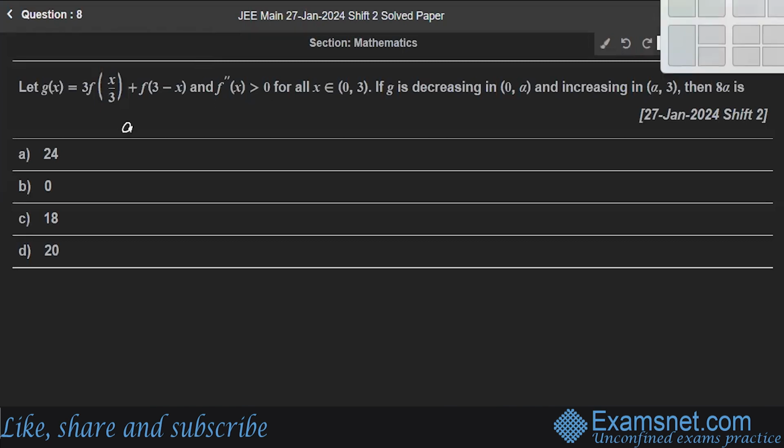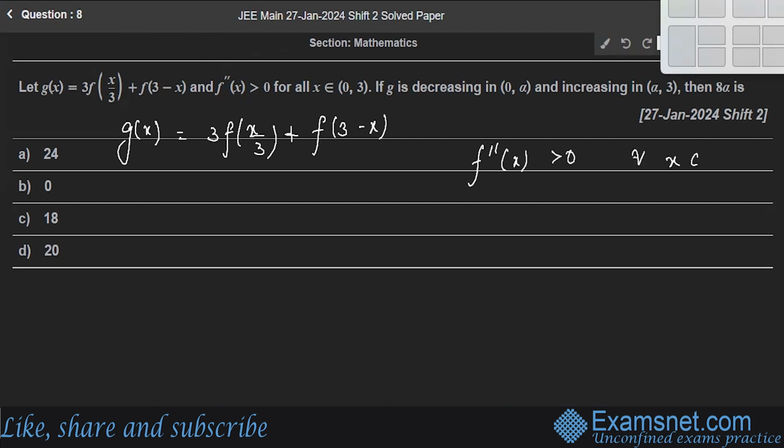First of all, you have the g(x) function is equal to 3f(x/3) plus f(3 minus x). You are given in the question that the second derivative is greater than 0 for all x belonging 0 to 3. That means f dash x is an increasing function, right? Yeah, that means this is an increasing function.